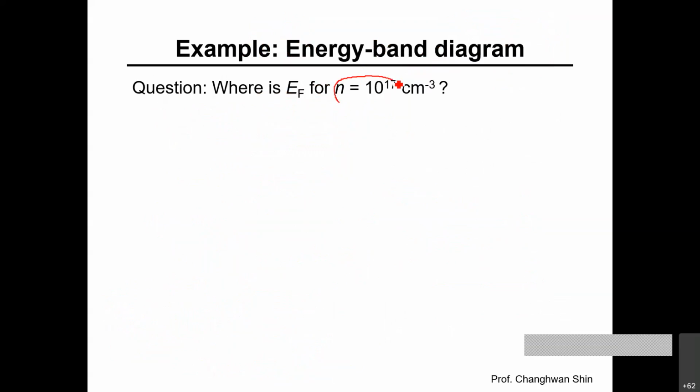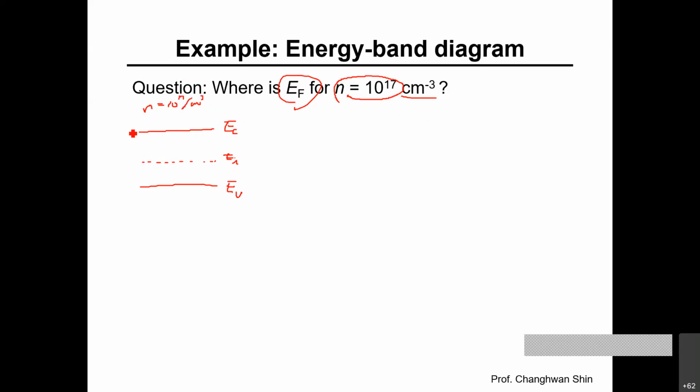If the electron concentration is 10 to the 17 per cubic centimeter, then where is the Fermi energy level in the energy band diagram? This is really, really important. Definitely, I'm going to use this question for your midterm exam. Please keep concentrating. Keep your eyes on this question. Where is E F if the electron concentration is 10 to the 17 per cubic centimeter?